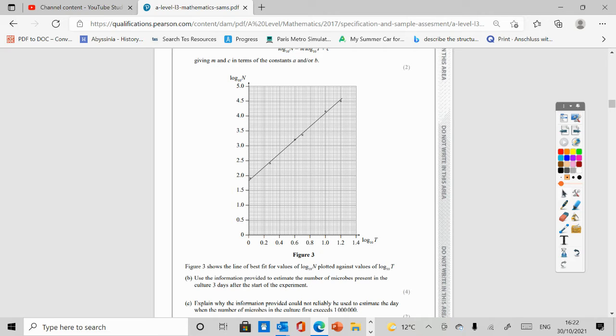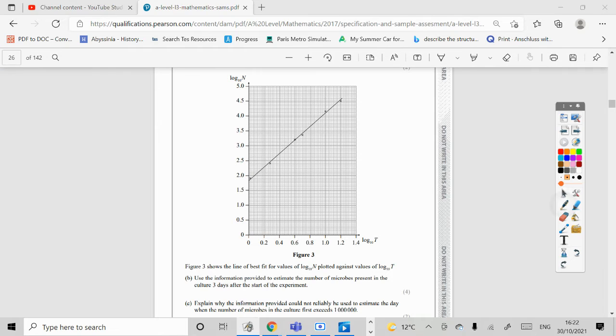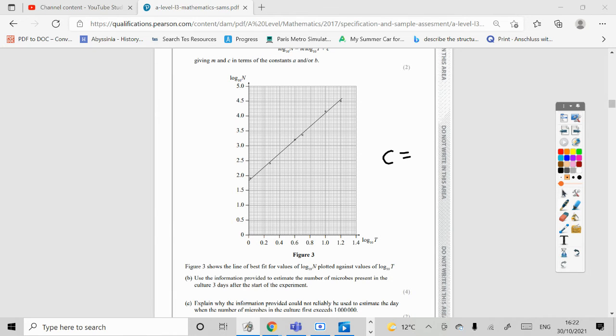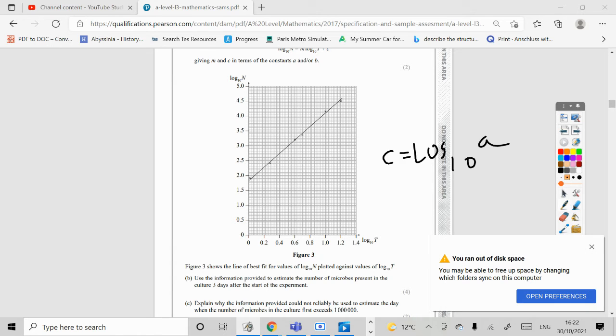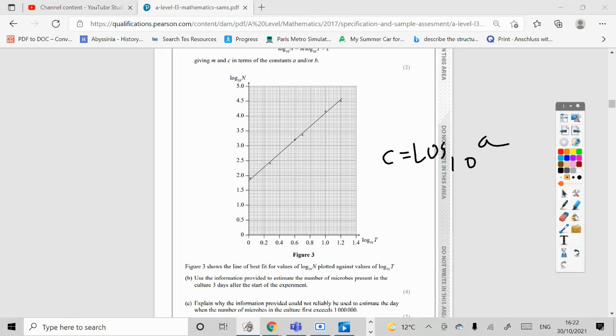So we want c. Let's get the pen up. C is the log base 10 of a. That's helpful to me. Now, it's going to be quite tight, isn't it? It's going to be very, very tight.